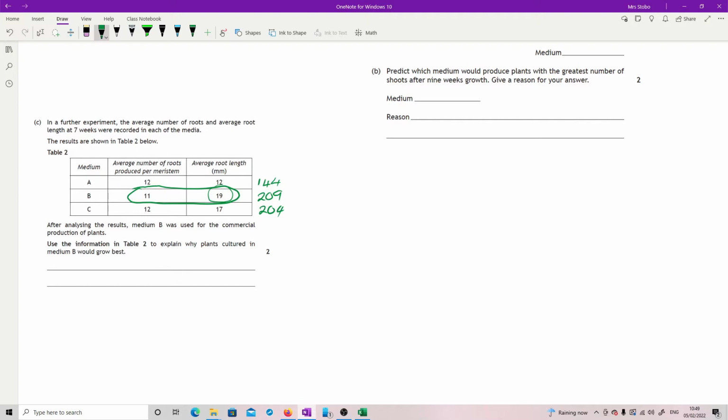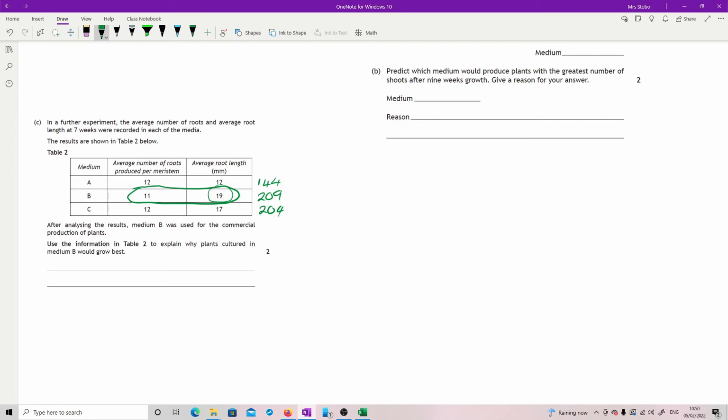Okay, so that will get you the first mark, that you're saying that overall they have the greater root length than A or C. And then it says explain why. So why does having a greater root length actually help? Okay, so what are roots for? Roots are for absorbing water and nutrients from the soil. There's your answer.